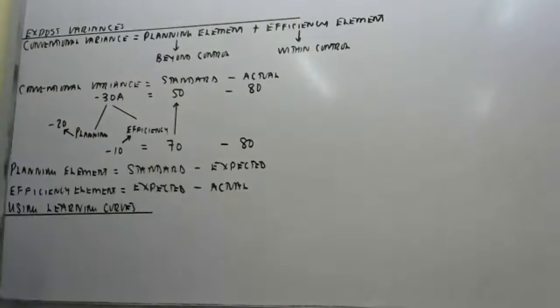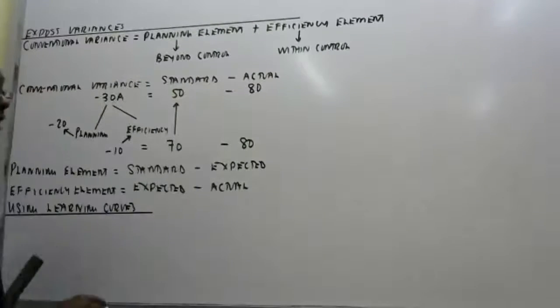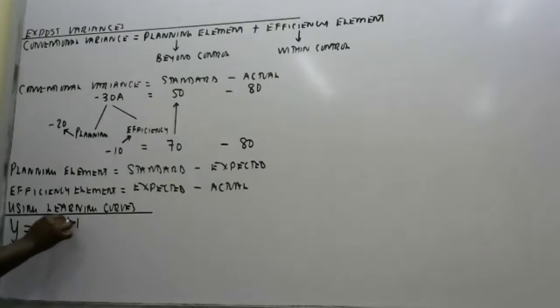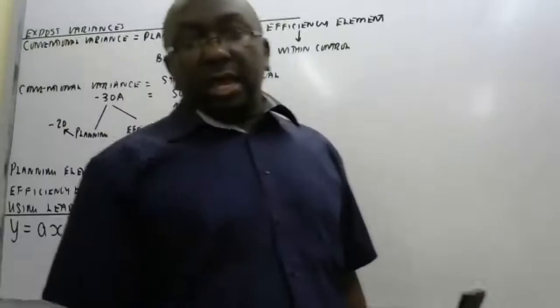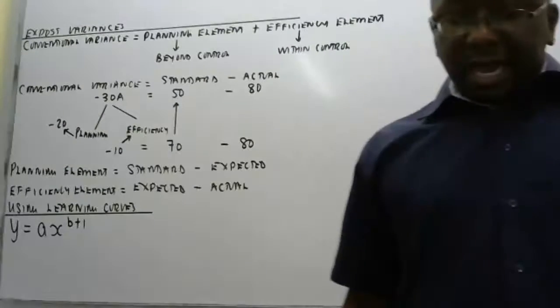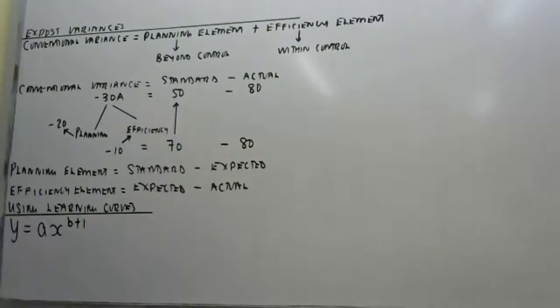So using running curves, we will say that y is equal to ax raised to power b plus 1. Y is equal to a x to the b. So quickly, b we know is given as the log of r divided by the log of 2.